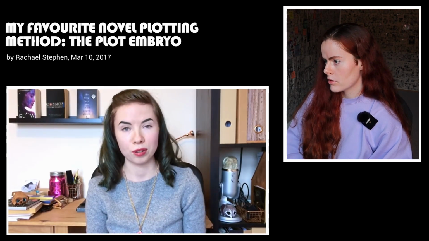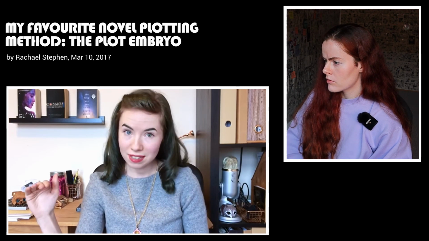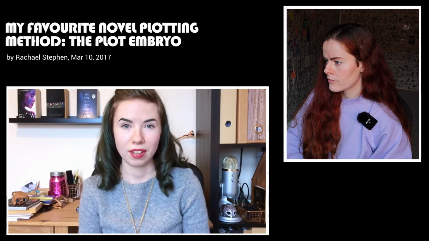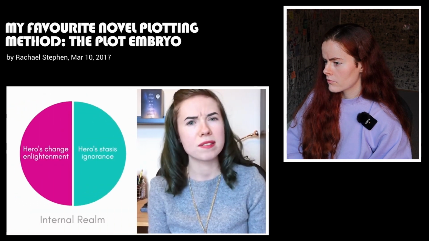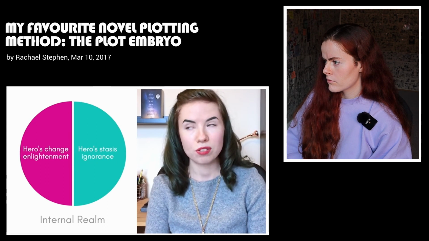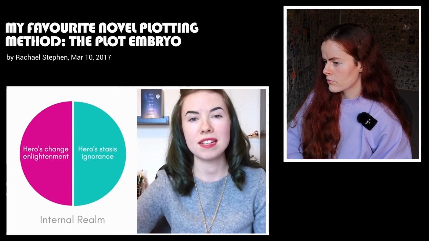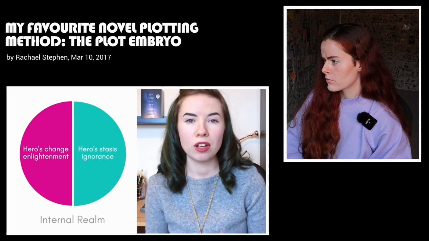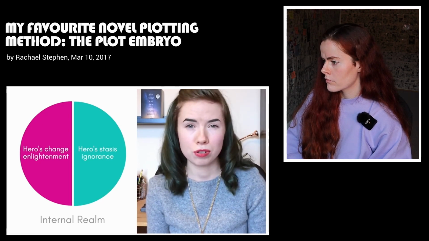Cool, thank you. The circle is divided in half horizontally and vertically, and these segments represent different things in the story universe. So the vertical line divides the internal change in the story, so the character. On the right you have stasis or ignorance, and on the left you have change or enlightenment. And these are going to be different depending on what story you're telling.